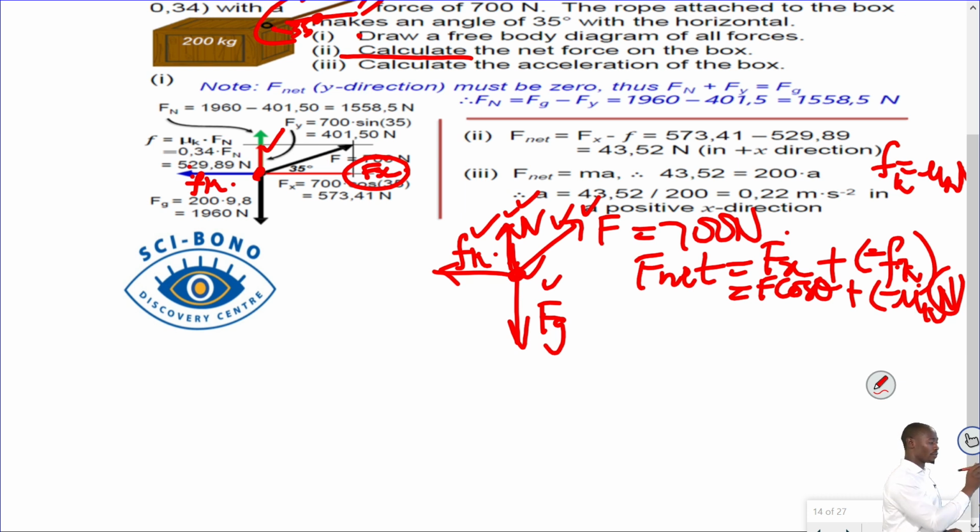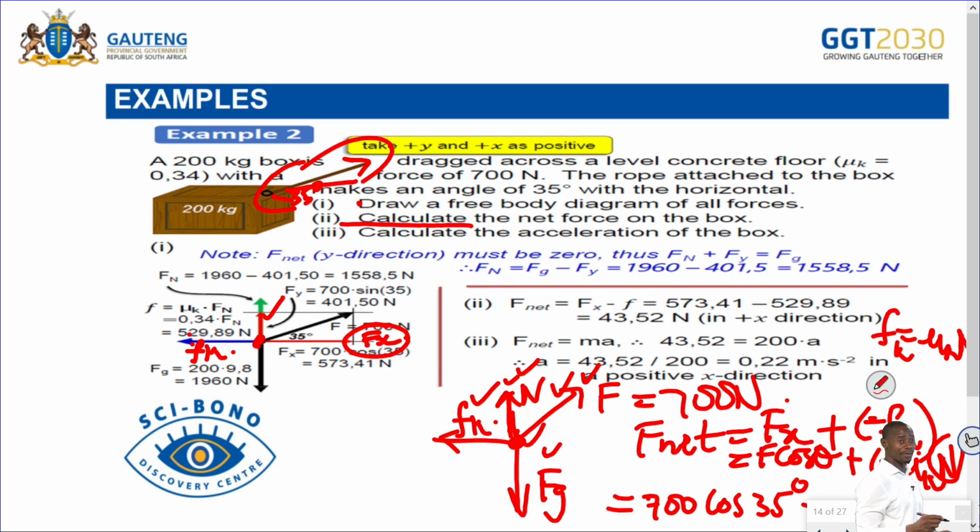This is equal to F, which is 700, cos 35, minus mu k. I'm giving mu k there, the coefficient is 0.34. So I will substitute 0.34 here.